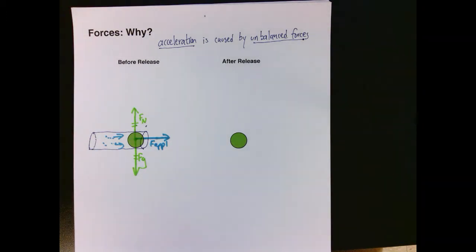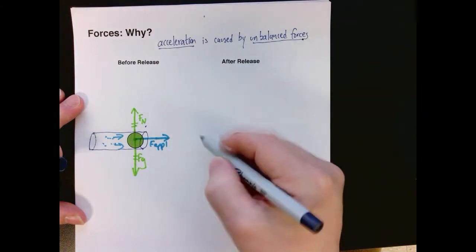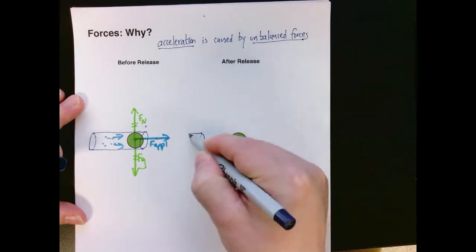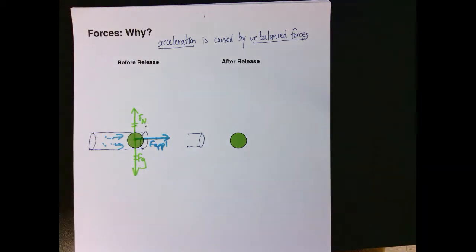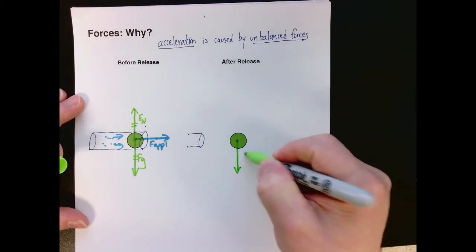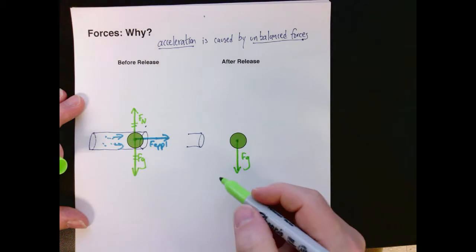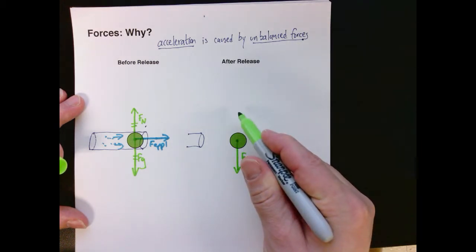Now, a few moments later, after the release, after it's left the gun, we can examine the forces acting on it. And when we examine those forces, of course, gravity is acting on it. But the barrel is not at the bottom pushing upward, so there is no normal force.